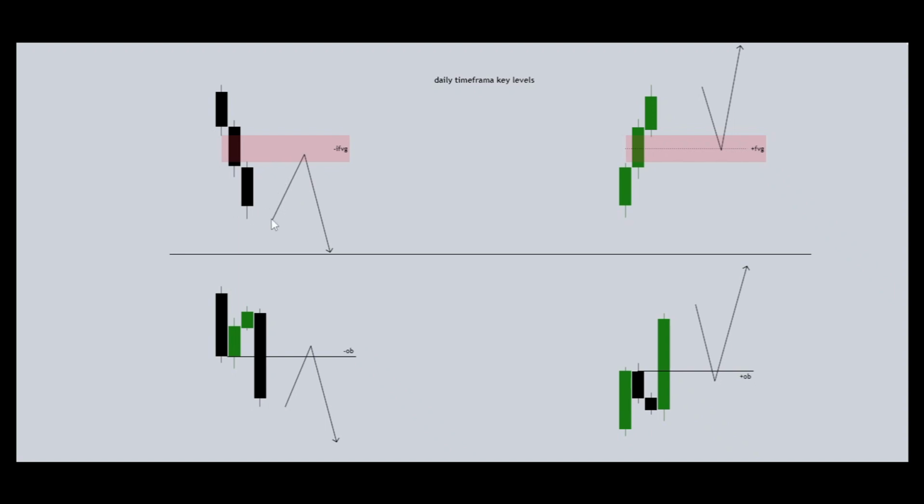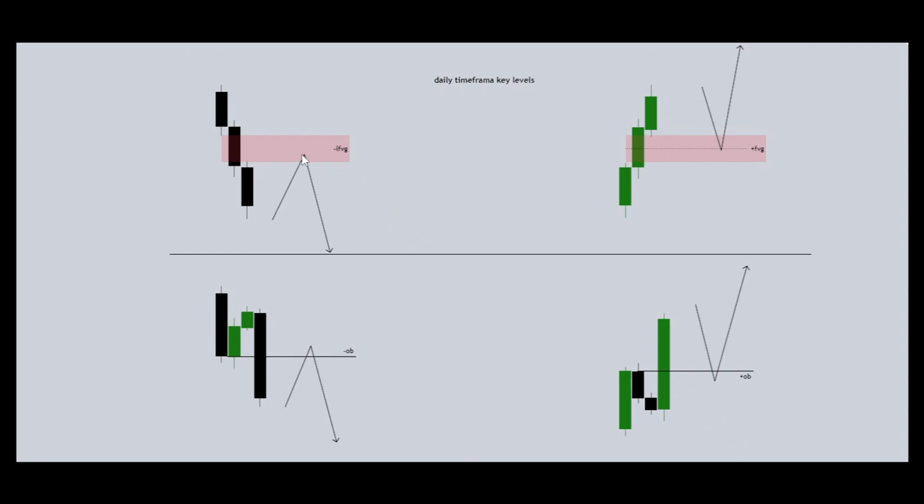When the market taps inside this fair value gap on the daily time frame, take note, on the daily time frame, I'm repeating this because it's important. When the market taps inside this fair value gap, and then you see one of those patterns that I showed you on the previous slide, do not hesitate to take that trade.